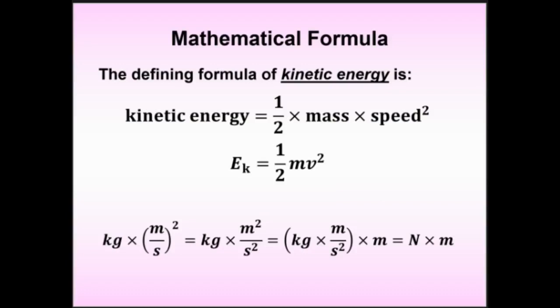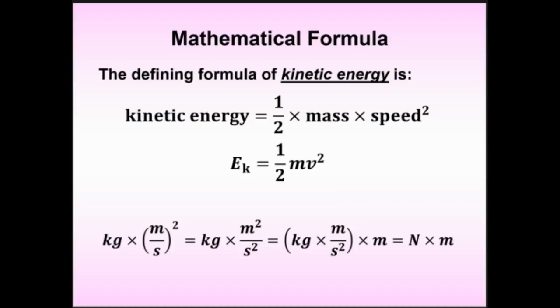It does not depend on anything else. Well, you could argue, does it depend on its acceleration? In a way, I guess, because speed itself depends on acceleration. If you accelerate, that means your final speed is going to be high. If you decelerate, that means your final speed is going to be lower.